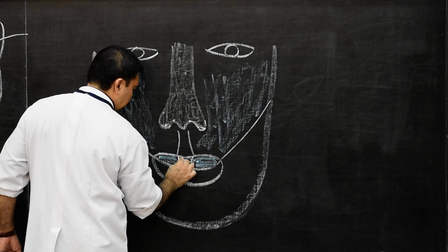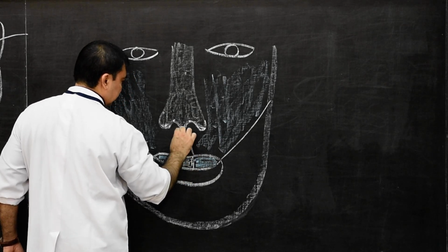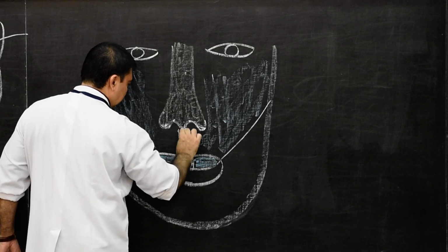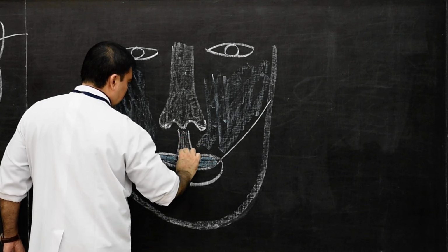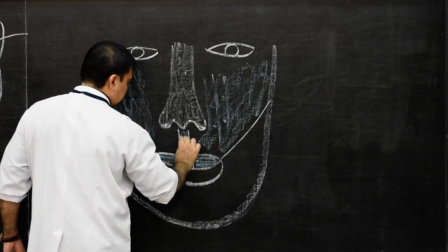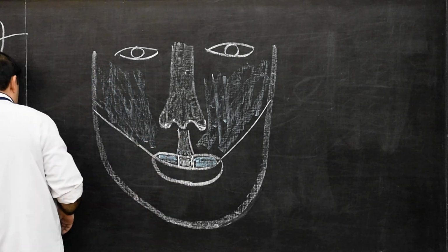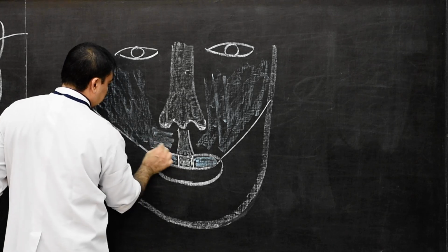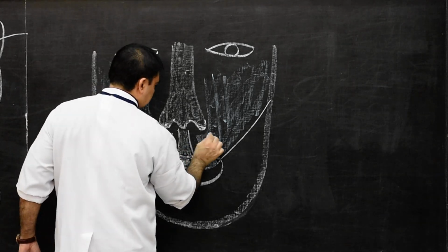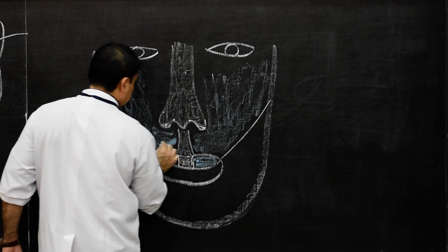So the central part of upper lip, frontonasal process. What about this philtrum? This philtrum will develop from frontonasal process. And the remaining portion here, this will be maxillary process.